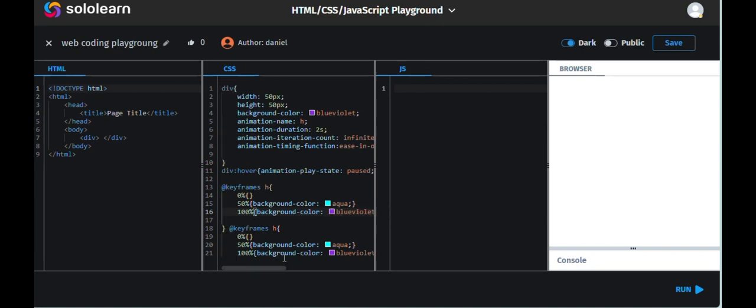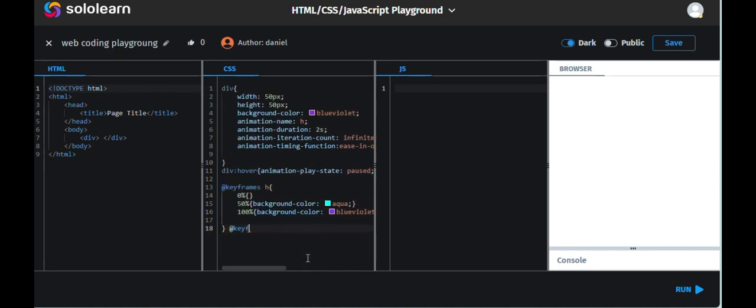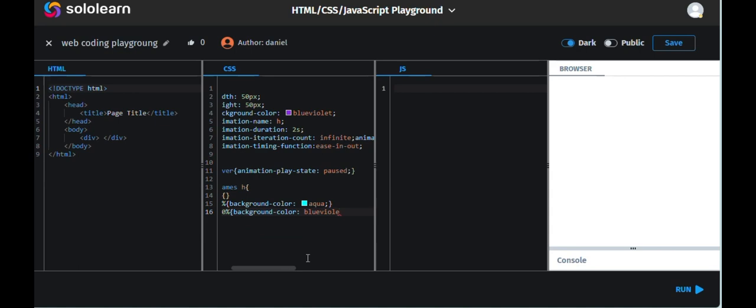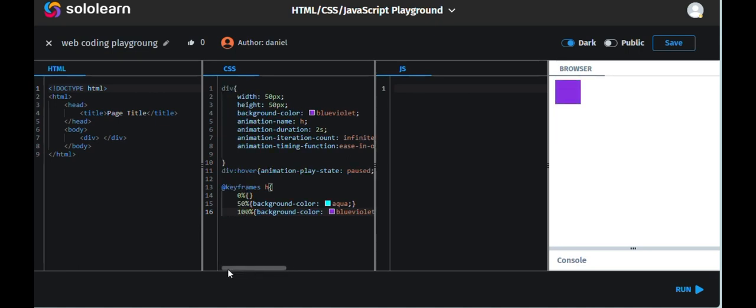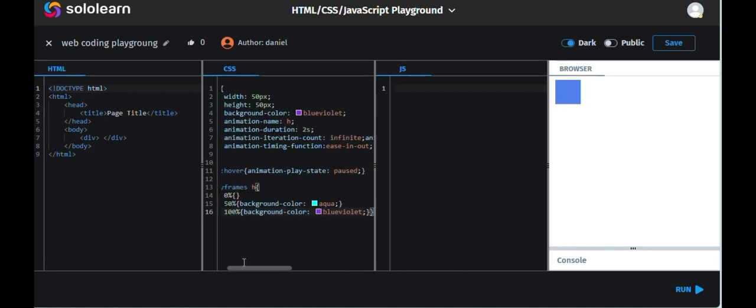Huh, that's why. Let's see if that works. Maybe not. Let's see why that would be. Oh, it had an animation delay. Why isn't it doing it now?